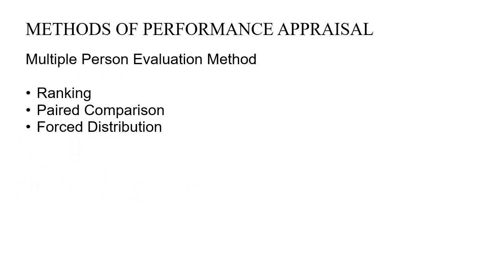The second category in methods of performance appraisal is the multiple person evaluation method, wherein a group of employees will be appraised. In this we have ranking method, paired comparison method, and forced distribution method.